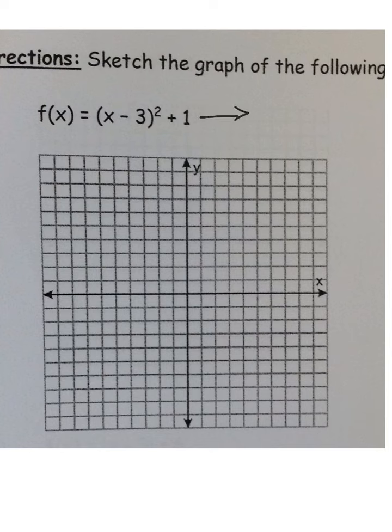Okay, so what this is saying is my turning point is going to be moving 3 to the right, so that'll bring it at a positive 3, and then up 1. That's my new, I'm going to just write TP for turning point. Alrighty, so let's plot that. So we have 1, 2, 3, 1, and there is your turning point.